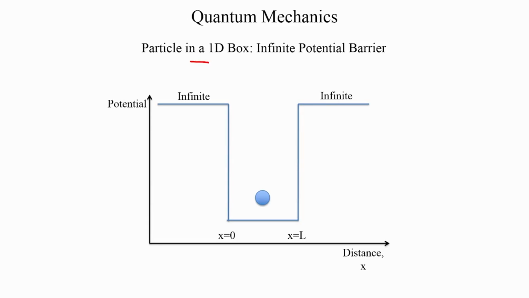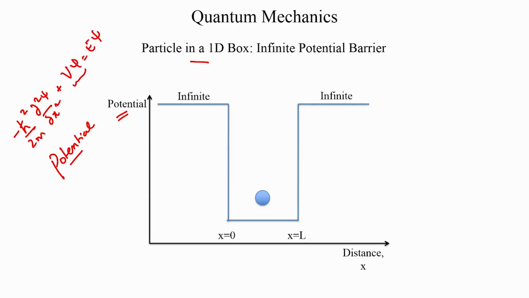Okay. And what we have here is the profile of the potential versus the distance. Now, although we keep mentioning the word potential, I would like to emphasize that this term in Schrodinger's equation, which is minus h bar square by 2m dou square psi by dou x square plus V psi is equal to E psi, this term corresponds to the potential energy.